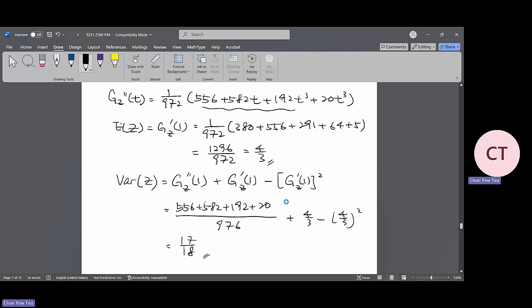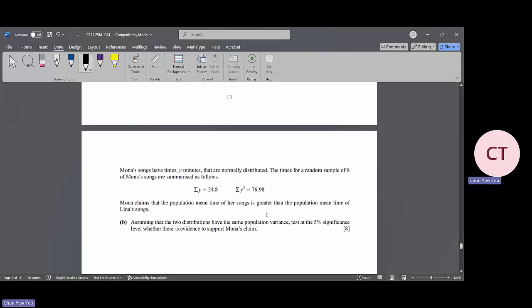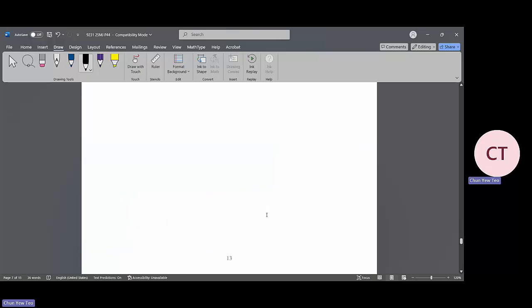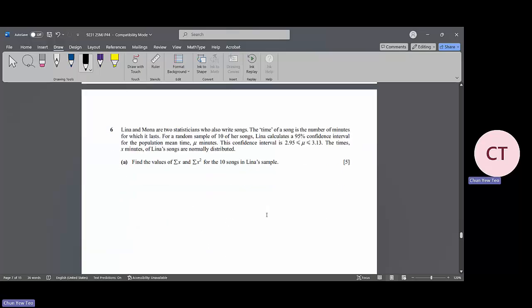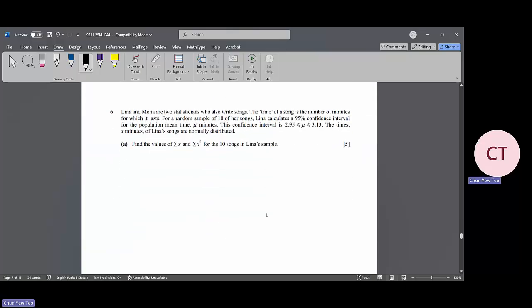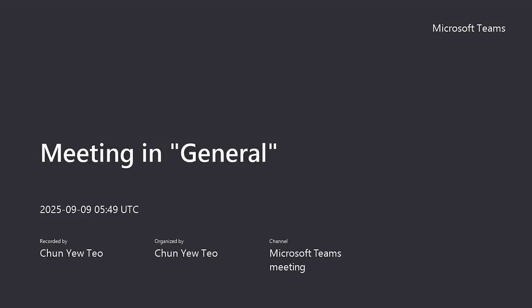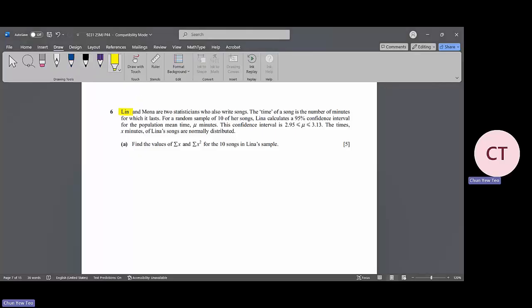Moving on, we'll be having question number 6. In question number 6, Lina and Mona are two statisticians who also write songs.